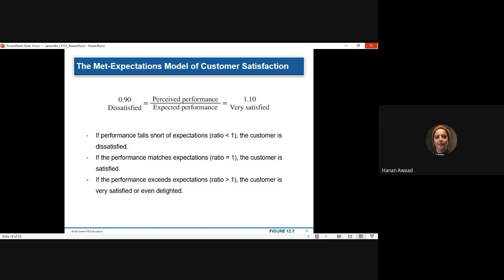So we can see where we are. Here we have two different words that we can use to describe performance. Perceived performance: I'm doing something for the customer and they perceive it in a certain way. And at the same time, they have expected performance.